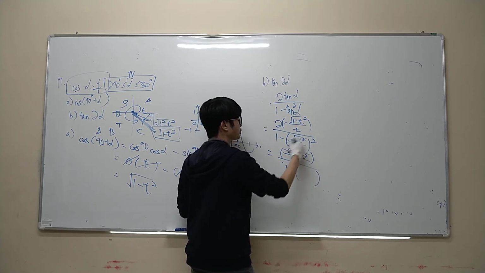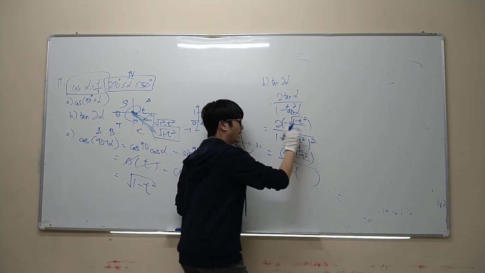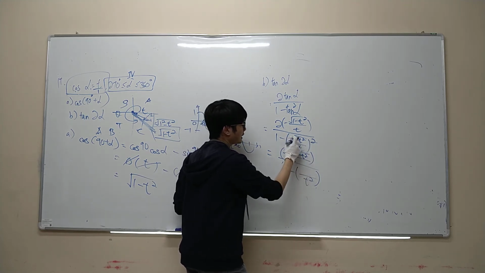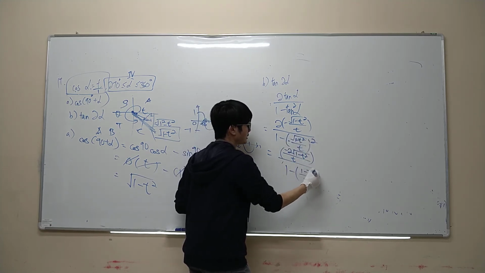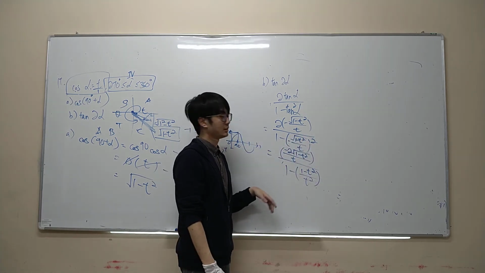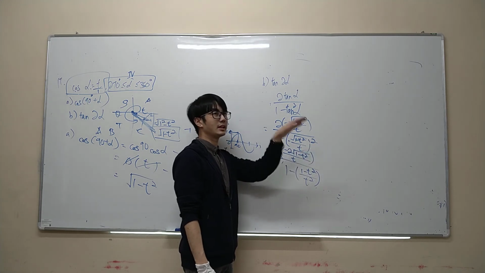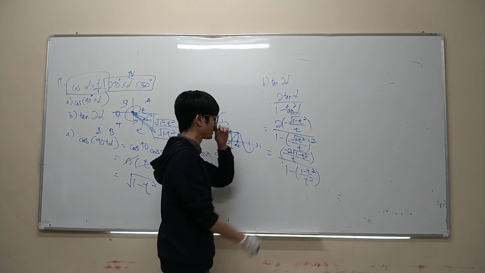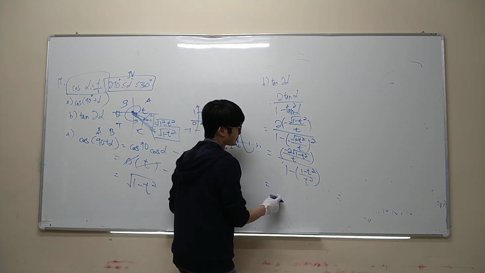Okay, actually this one when you square it, the top must be squared, the bottom must be squared too. So when the bottom is squared you get t square. The top, square of square root 1 minus t square is just 1 minus t square because the square root will disappear. Okay, square root and the square will cancel each other, and the negative also disappears because negative squared becomes positive already.